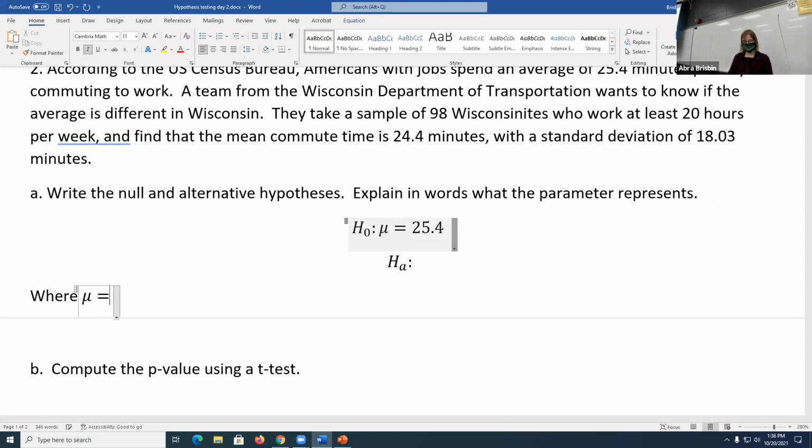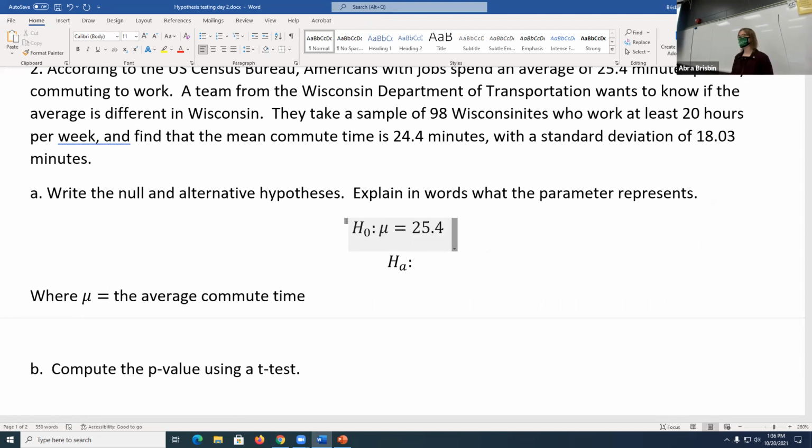Where mu, what does mu represent here? Kyle. The average commute time. The average commute time among whom?